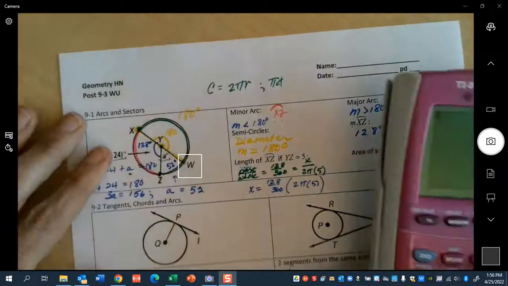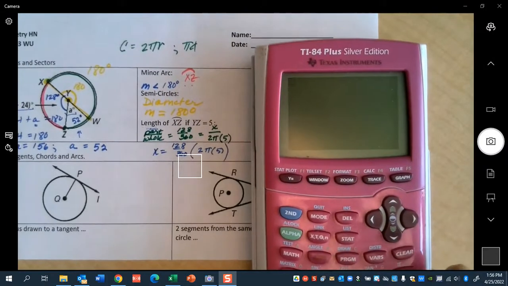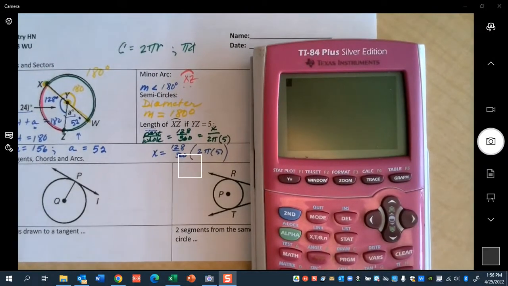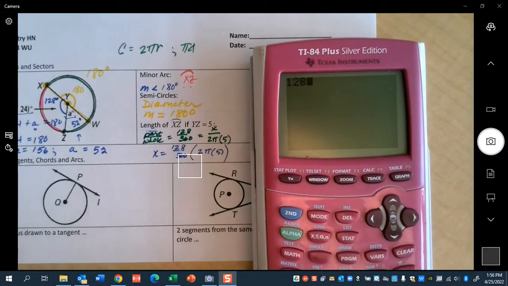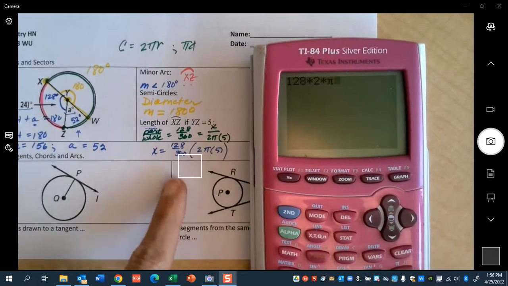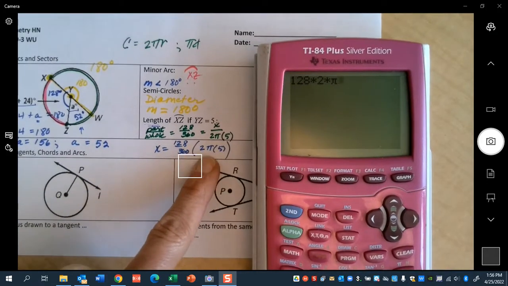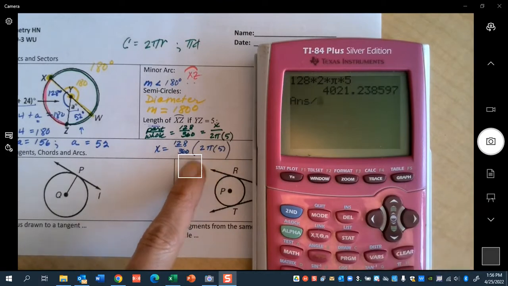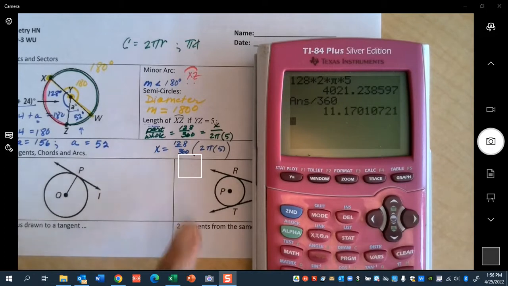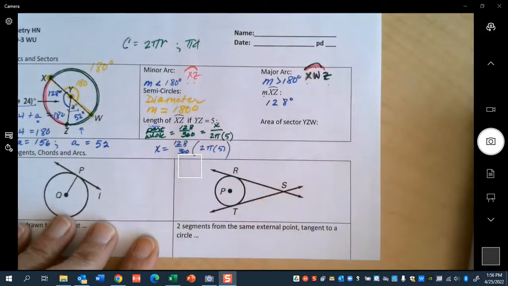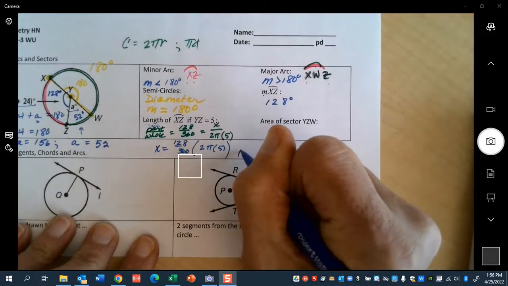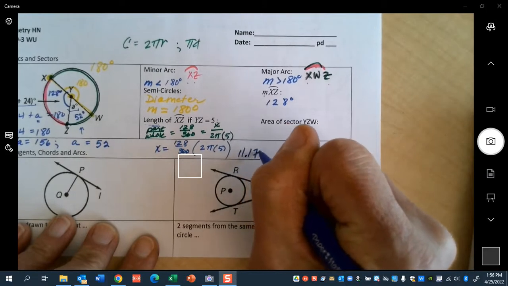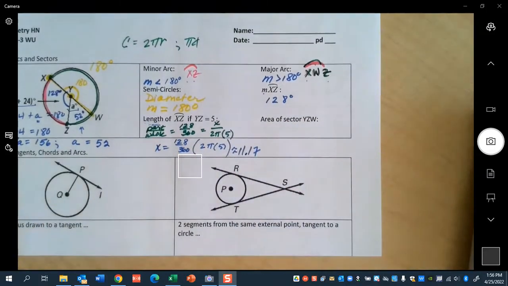So when I go to do my multiplying, I know that 128 times 2 times pi times 5, divided by 360, is 11.17. And I do my little squiggly equal signs to let everybody know I estimated. It didn't come out even.